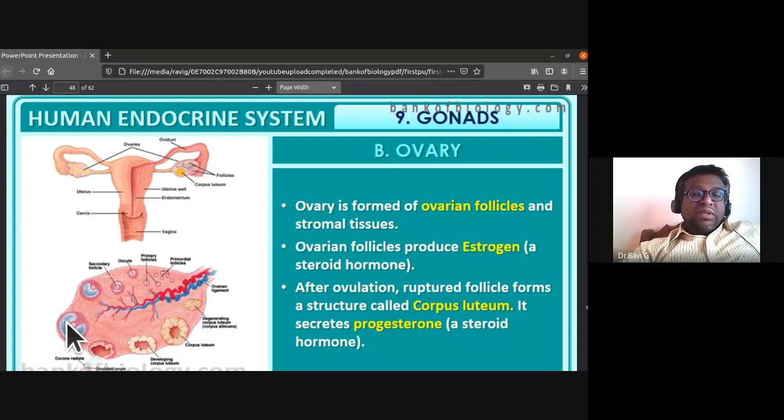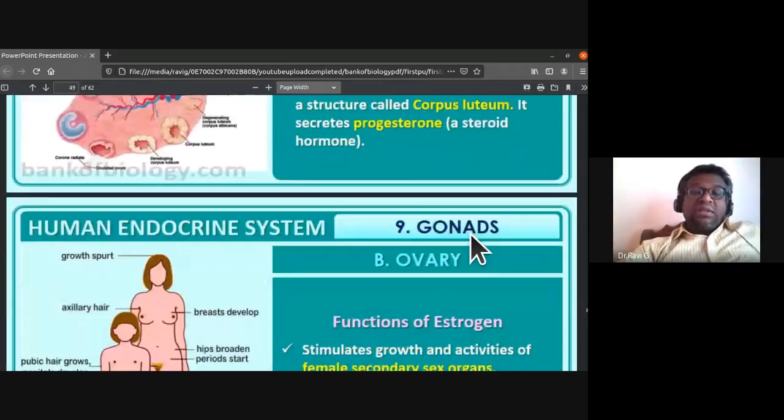So after ovulation, the ruptured follicle forms a structure called the corpus luteum, which secretes progesterone, a steroidal hormone. In case the egg doesn't get fertilized, the corpus luteum also degenerates. If the egg gets fertilized, the corpus luteum becomes functional and starts secreting progesterone, a steroidal hormone.